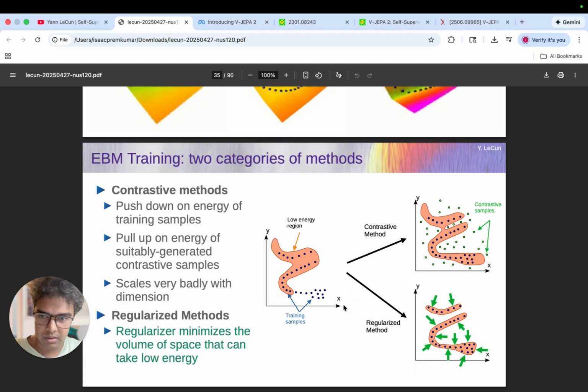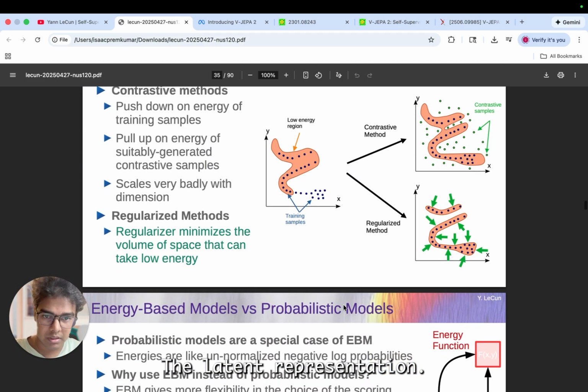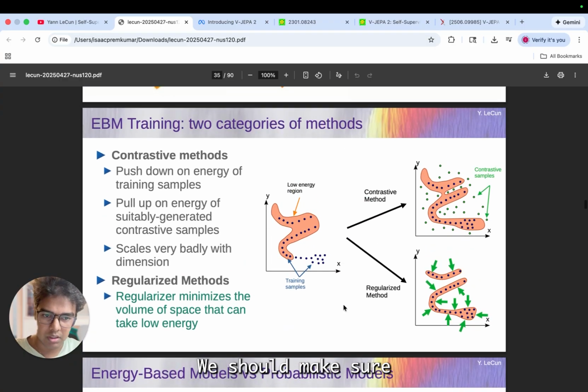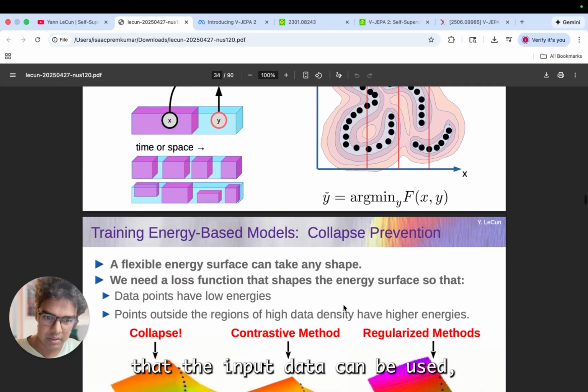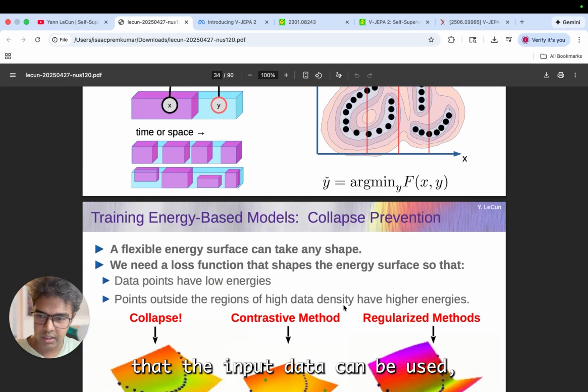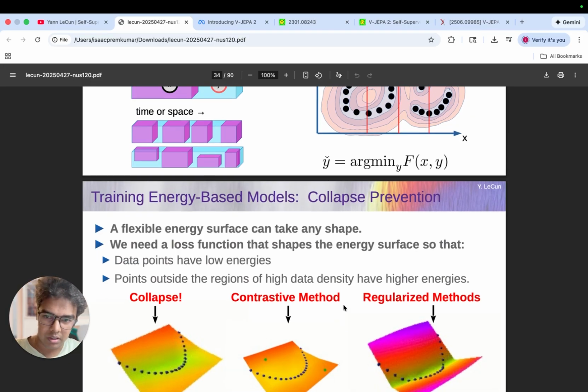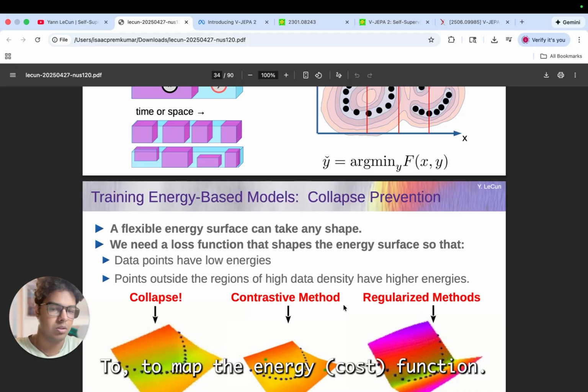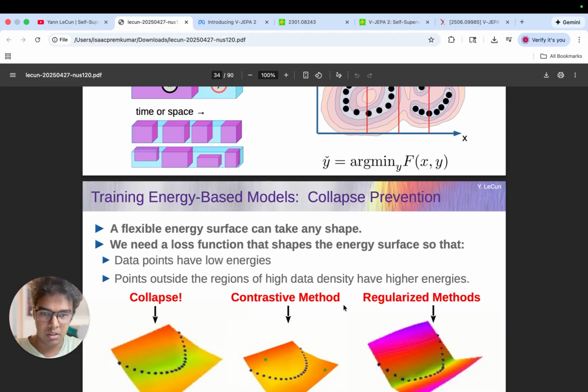With the latent representation, we should make sure that the input data can be used to map the energy function, because the energy function is helpful to withhold the entire set of samples or data.